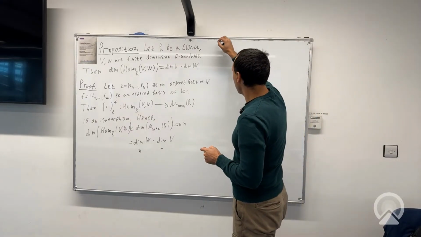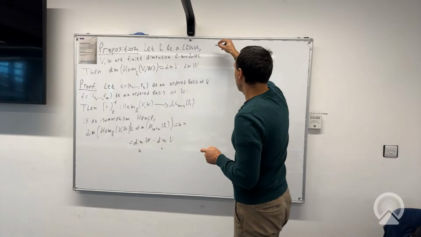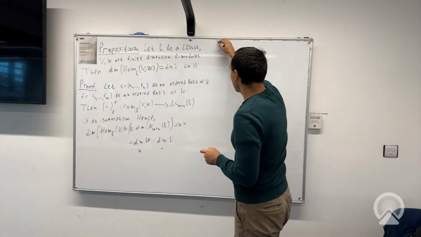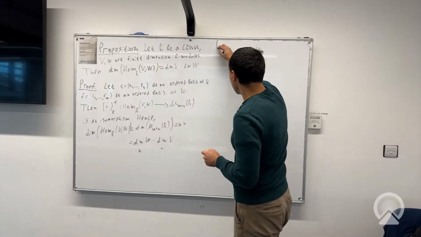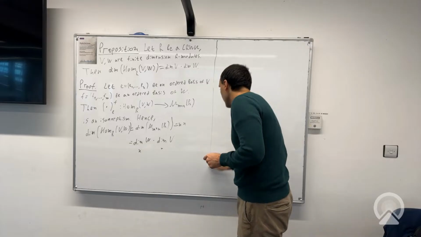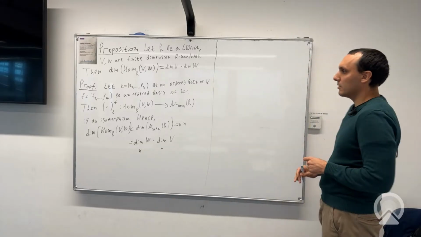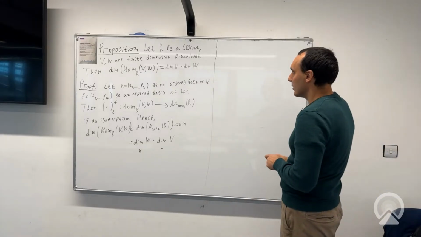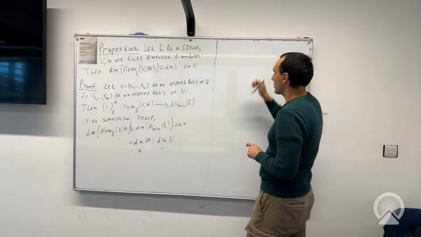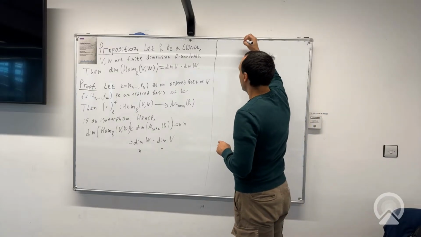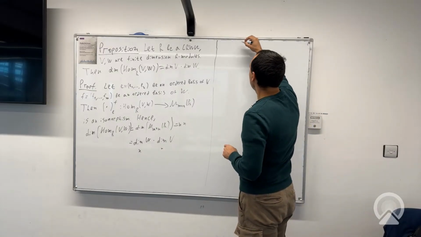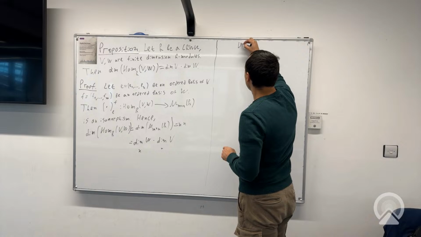Now let's start with dual spaces. This is a topic that for some reason is not covered in many introductory linear algebra courses, but we will need it very much.